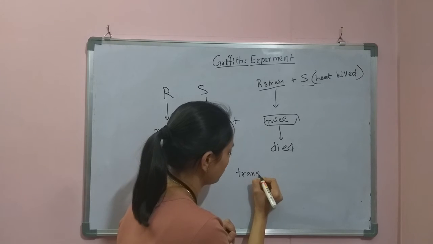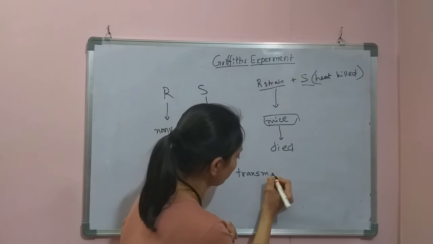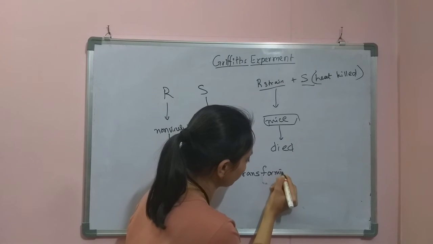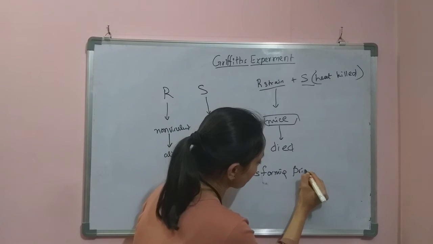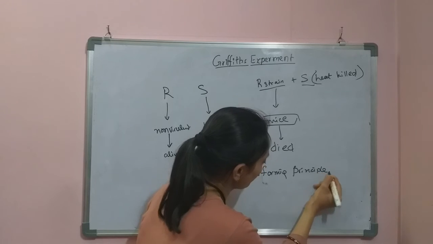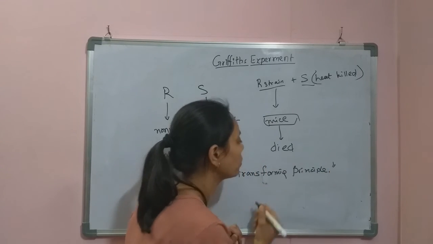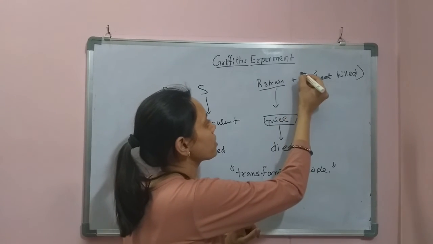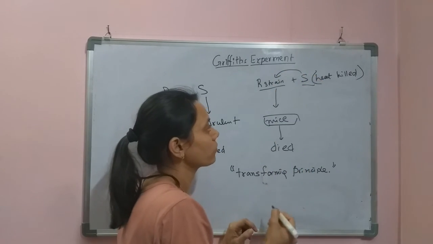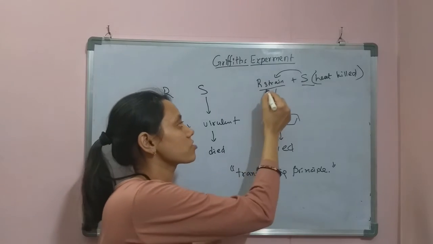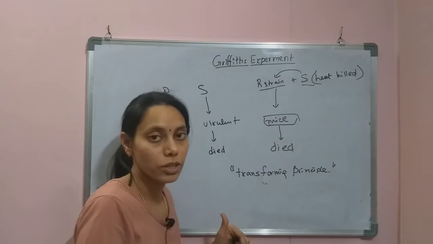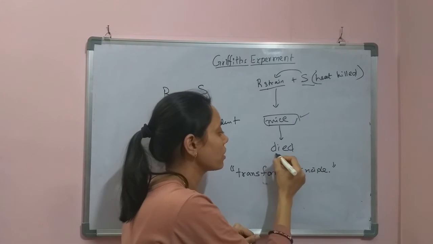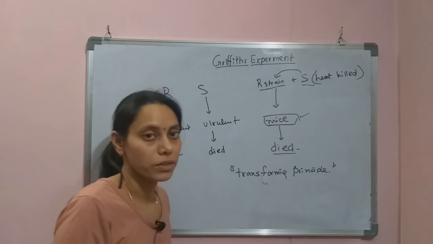That means there is something called a transforming principle, which is exchanged from the S strain to the R strain in this case, and this R strain is eventually turned into a virulent strain, and it caused pneumococcal infection in mice, and that leads to the death of the mice.